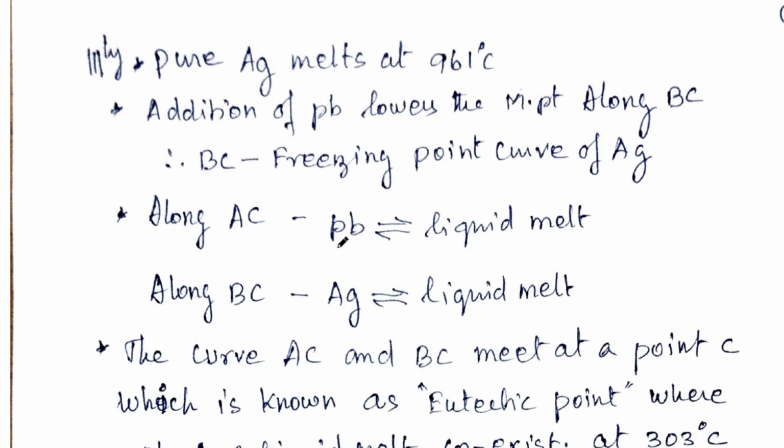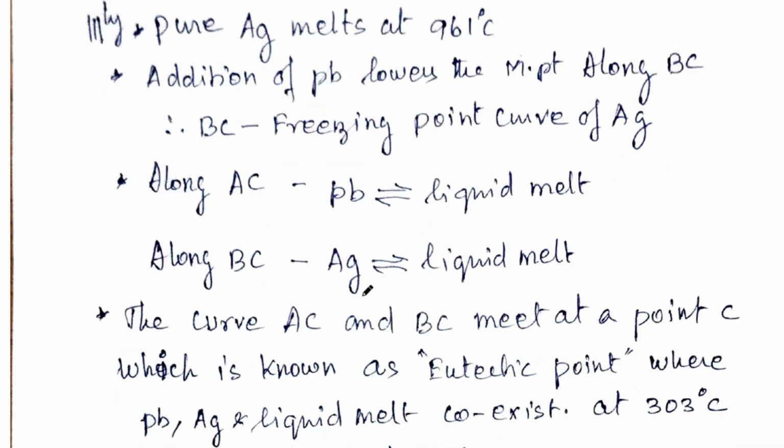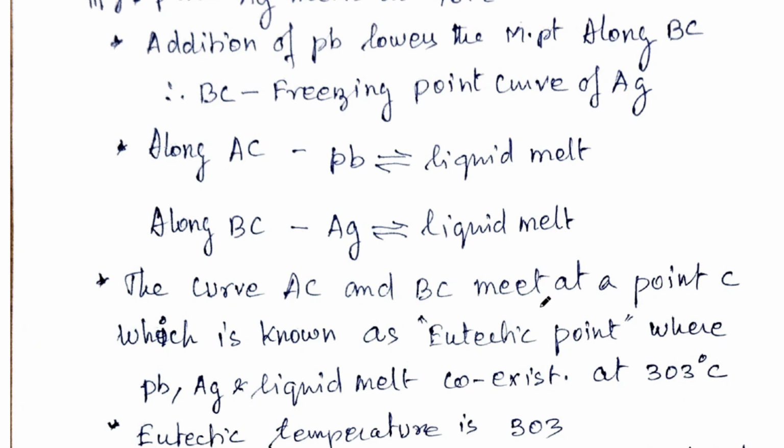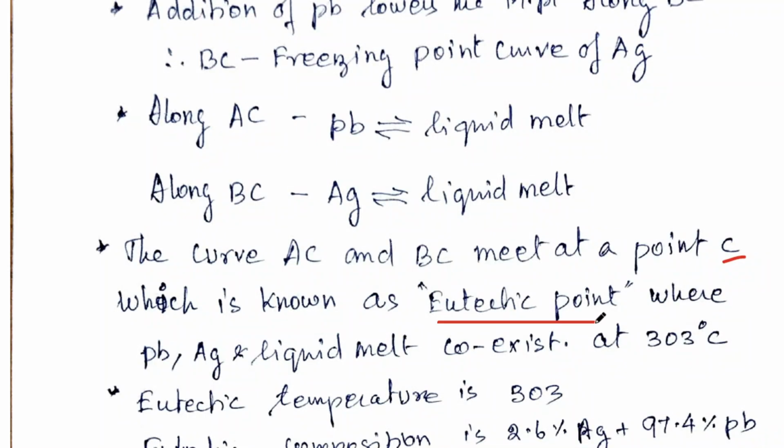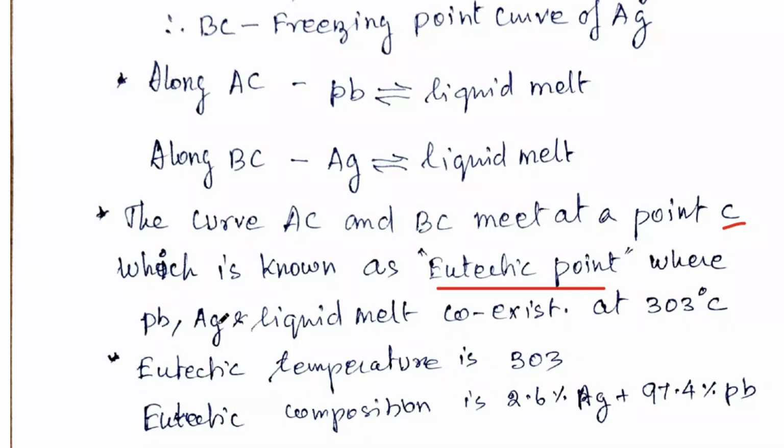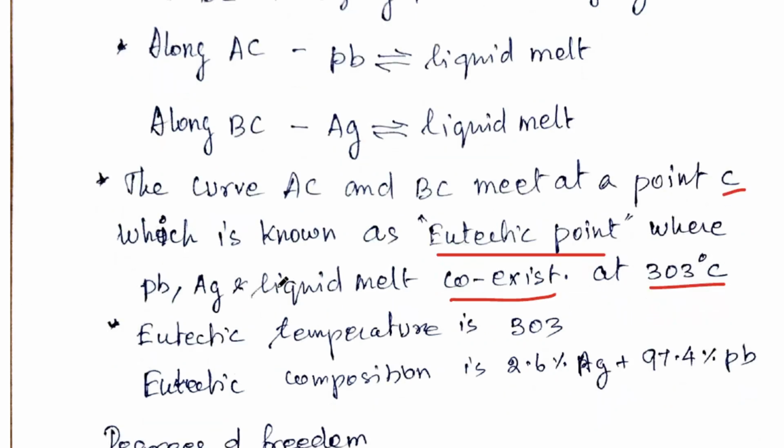Along AC, pure lead and liquid melt are in equilibrium. Along the curve BC, pure silver and liquid melt are in equilibrium. The curves AC and BC meet at a point C, and that point we call the eutectic point, where solid silver, solid lead and liquid melt, all three phases, coexist, and the temperature is 303 degrees Celsius.